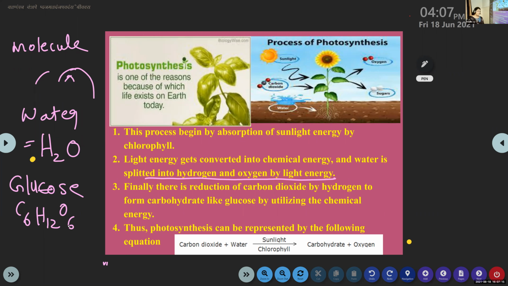Together, you will get glucose. And this glucose is the one that will be turned into carbohydrate and starch.